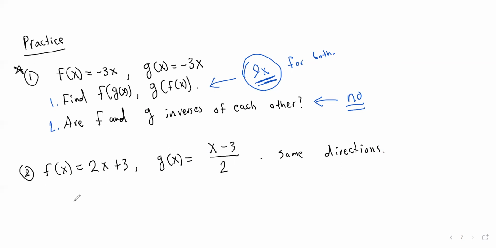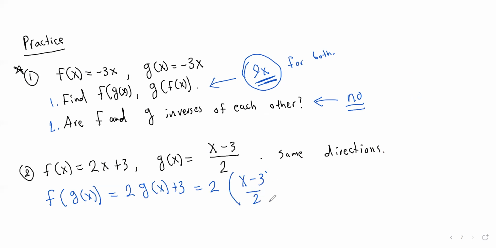Okay, so I'm just going to go ahead and solve these. So let's first find f of g of x. We just want to replace every occurrence of x in f with a g. So we get 2g of x plus 3. G of x is (x minus 3) over 2, so this is 2 times (x minus 3) over 2 plus 3.